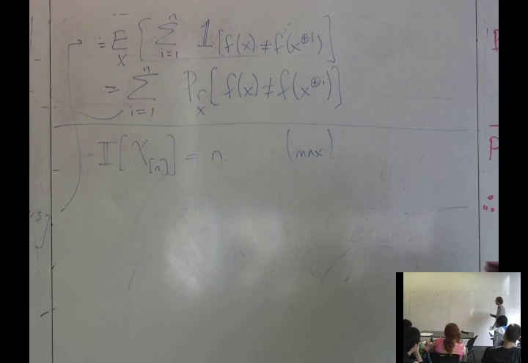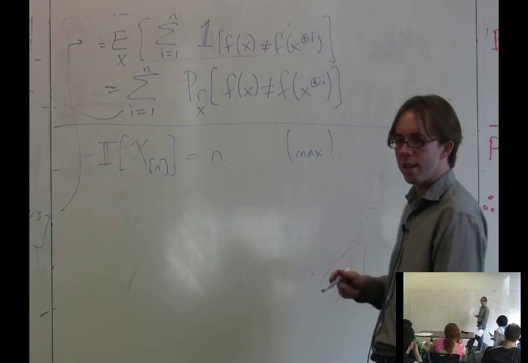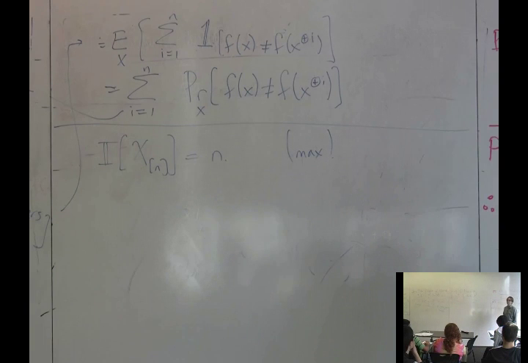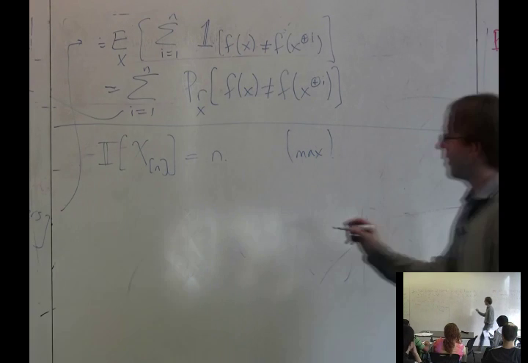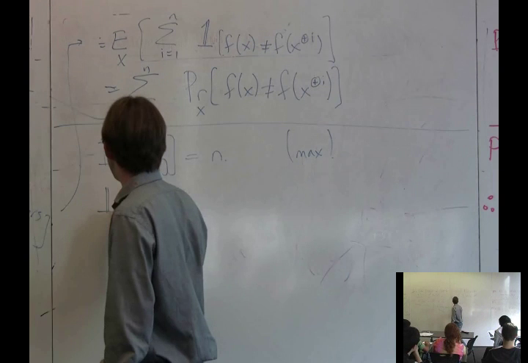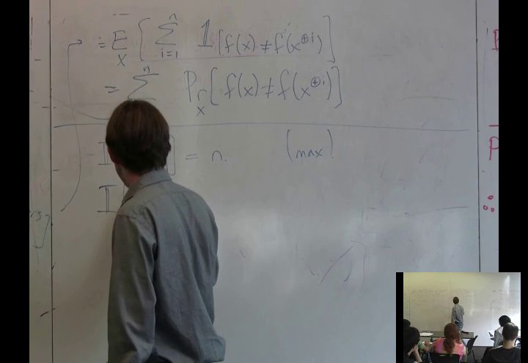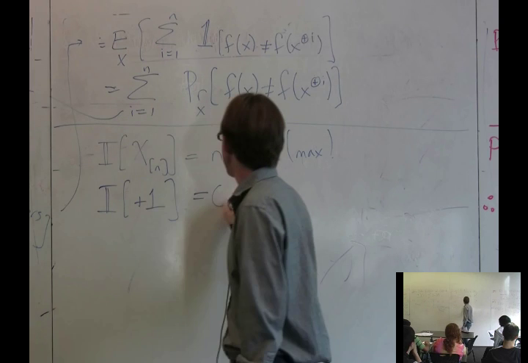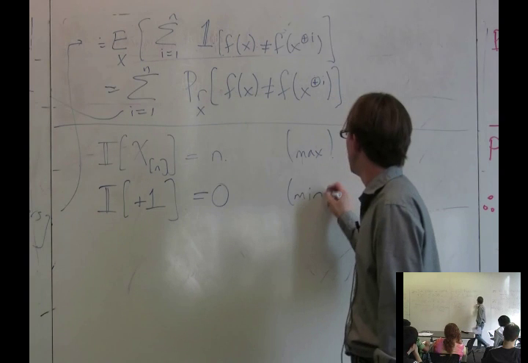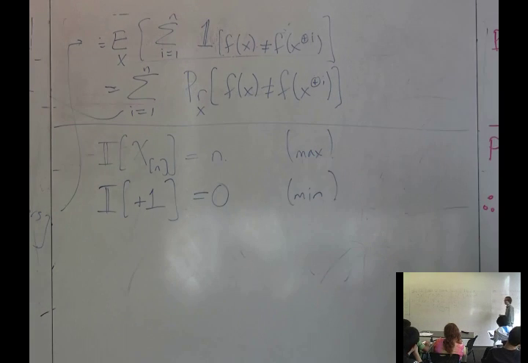What function has the minimum total influence? That's right. So if I take the total influence of, let's say, the constantly plus 1 function, that's 0. That's the minimum. That's because nobody has any influence.